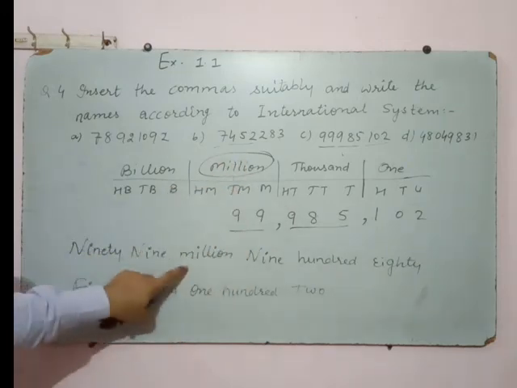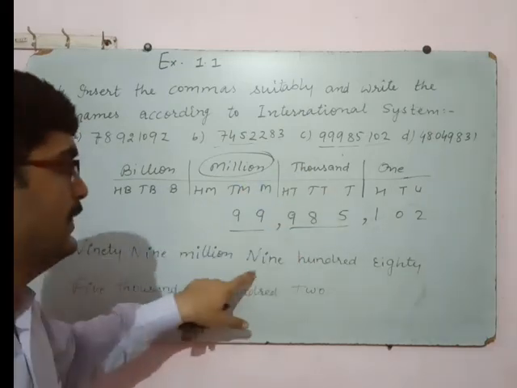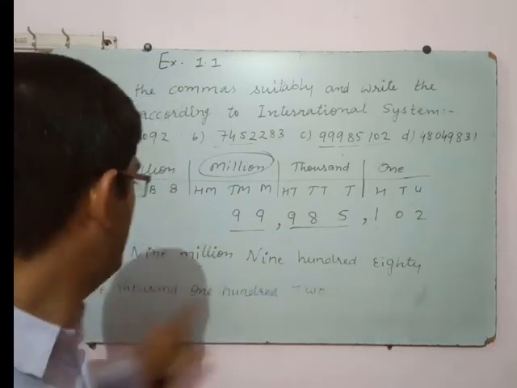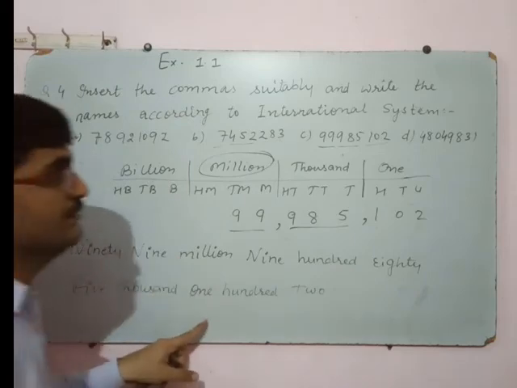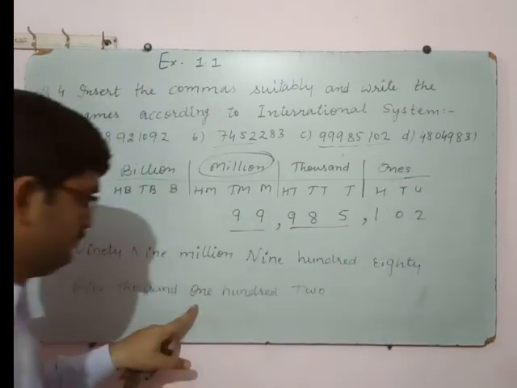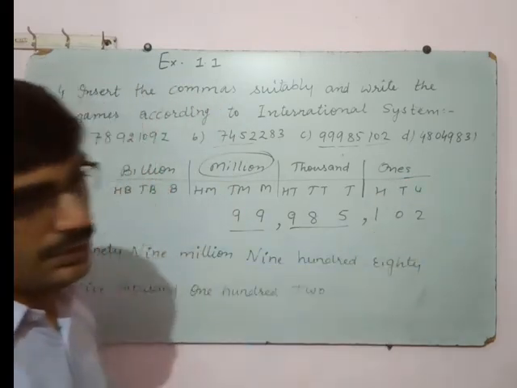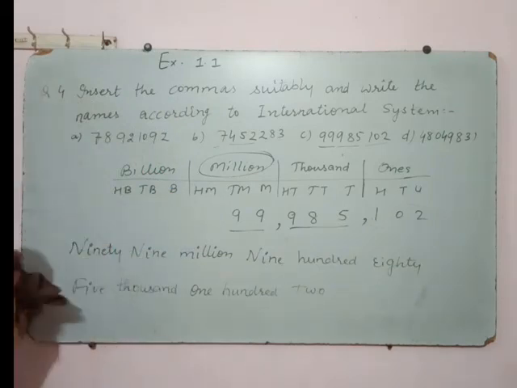So 99 million in thousand period में 985,000, and in one's period 102. Okay, so this is our fourth part.